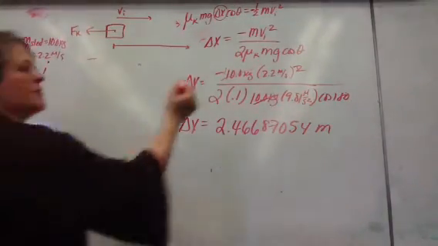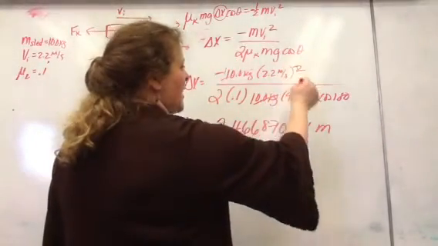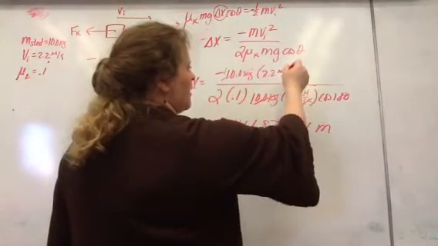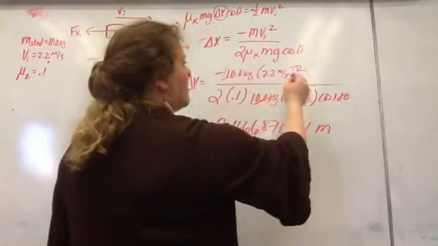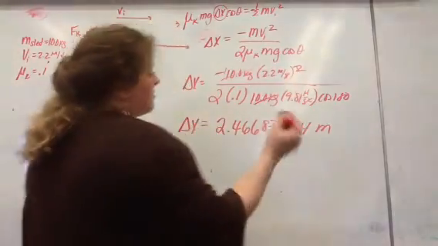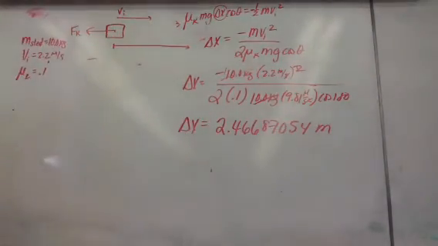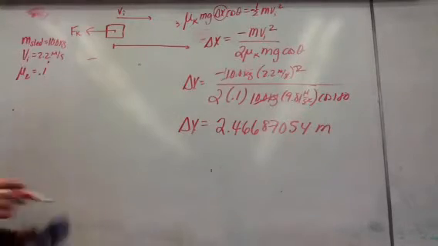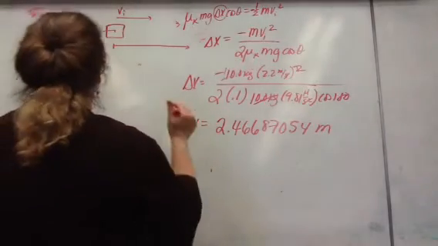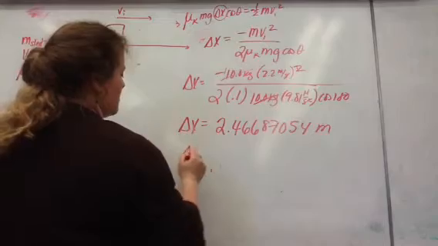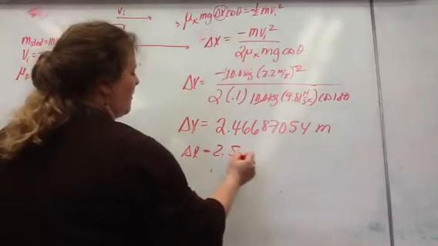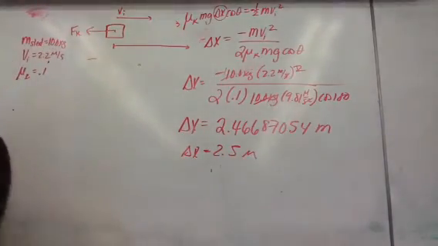Let's check. So that was meters squared per second squared, second squared goes away. Meters squared divided by meters is meters. So, with sig figs, we have what, 2 sig figs? So delta x, we would say is 2.5 meters. The book says 2.4, but they're wrong.